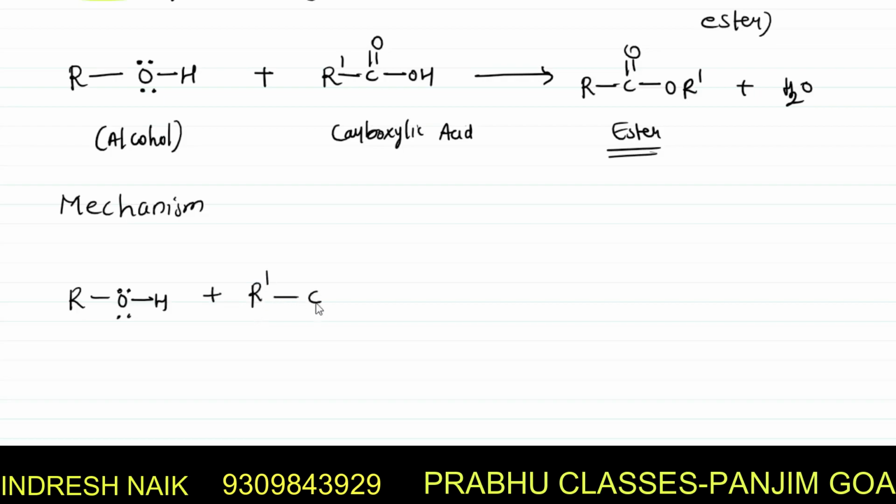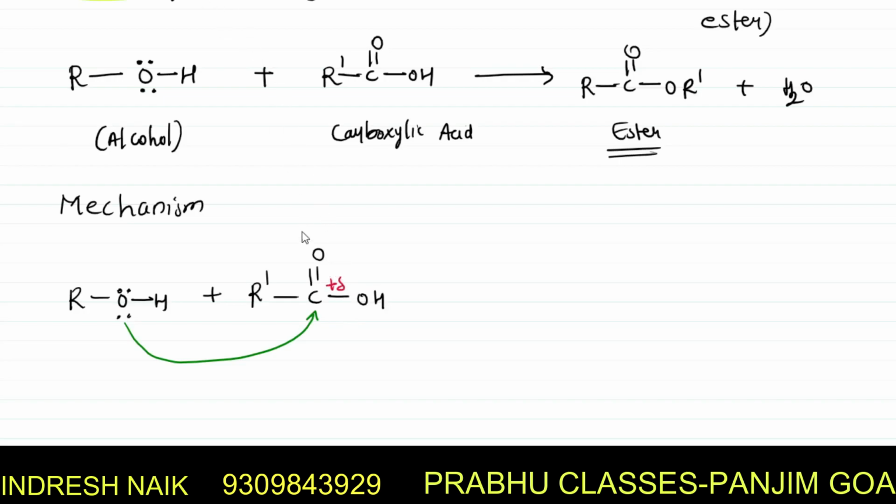This is RC double bond O, OH. The lone pair of electrons is going to attack this carbon. Why only this carbon? Why not the carbon of the R group? The reason is that this carbon is electron deficient, because it is connected to two oxygens.